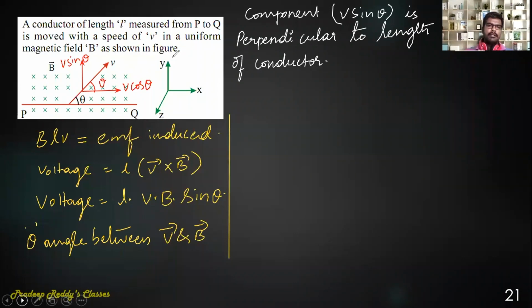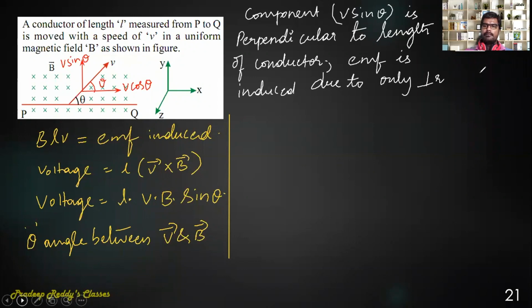As it is perpendicular to the length of the conductor, EMF is induced due to only the perpendicular component. So wherever velocity is there, you just replace that velocity with the perpendicular component. Of course, V cos theta does not contribute any EMF produced.